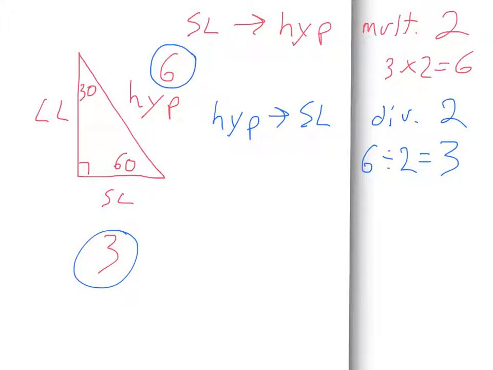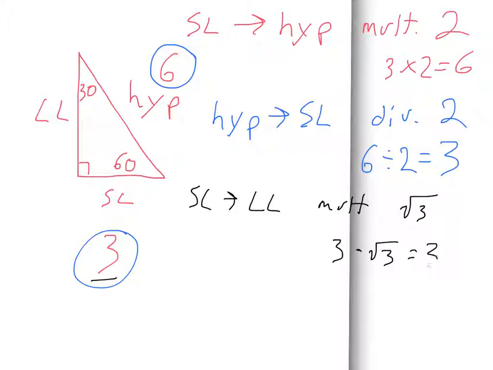Now, if I want to go from short leg to long leg, then I'm going to multiply by radical 3. So in this case, I'm going to take 3 times radical 3, which is 3 radical 3. That's the length of the long leg. Okay?